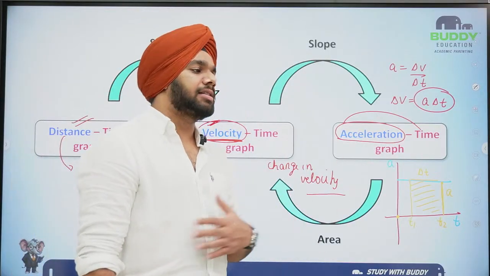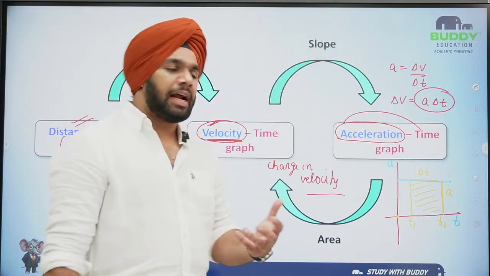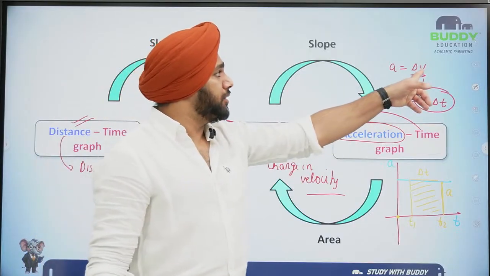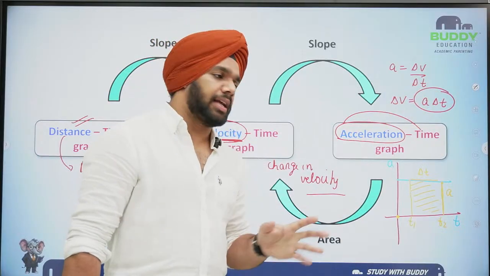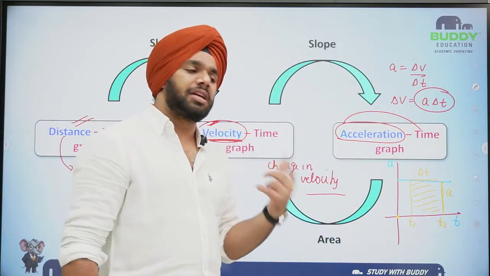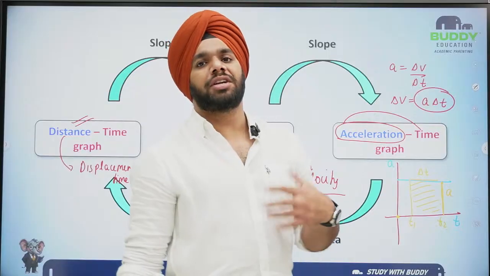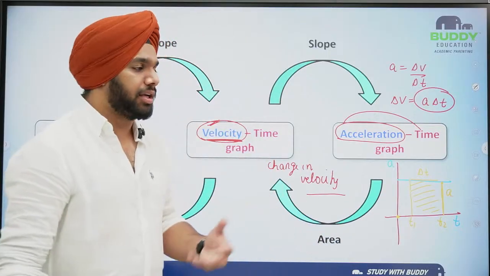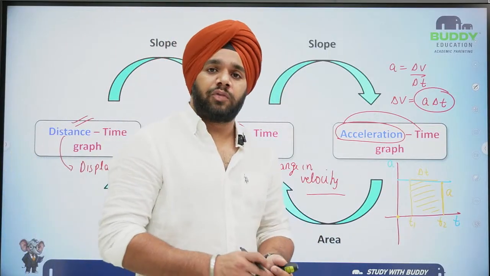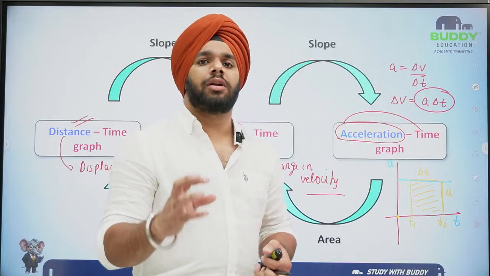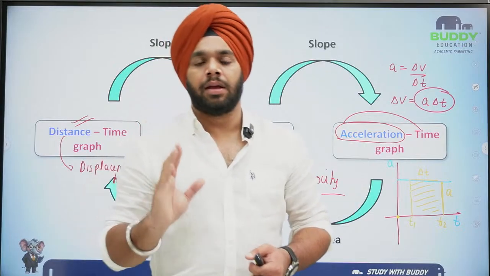it is suggested that it is better to write change in velocity, because eventually A is delta V by delta t. It is not V by t. It is change in velocity upon change in time, or rate of change of velocity. In physics, the definition for anybody remains the same.